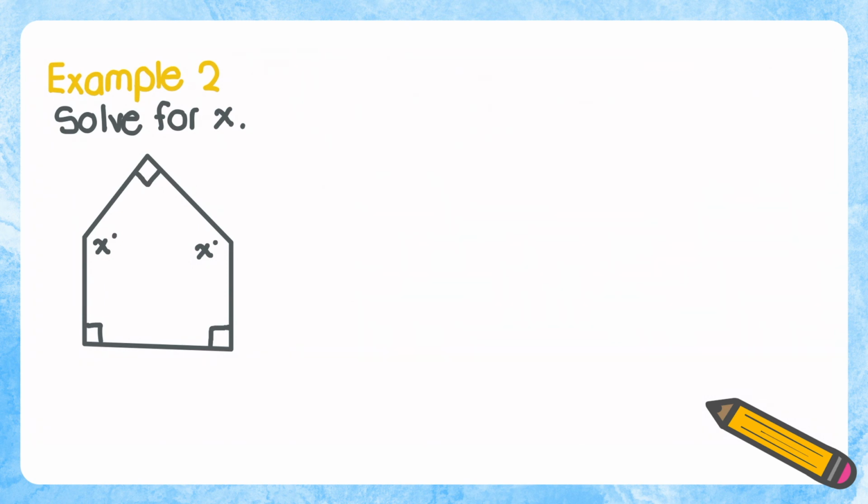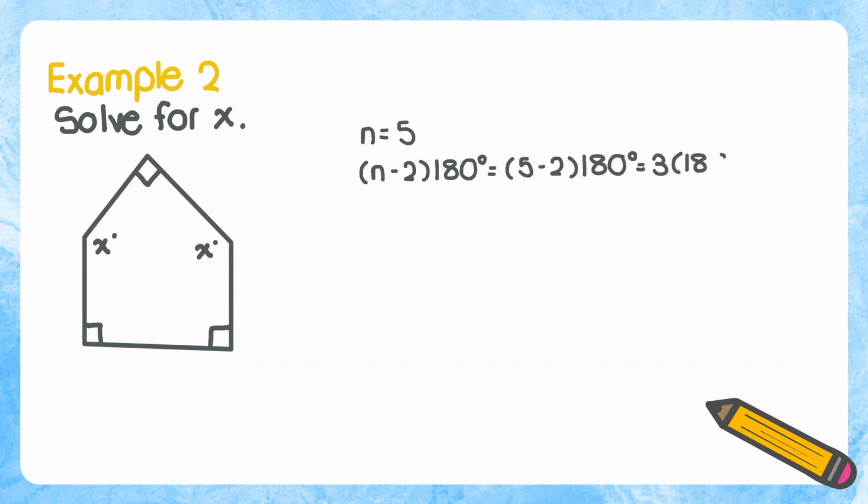We're going to solve for x in this given polygon. This polygon is a pentagon with 3 right angles and 2 unknown angle measures. So n equals 5 since there are 5 sides. So we're going to use the polygon angle sum theorem to find the sum of the interior angles of this polygon. And let me know if you have any questions about these steps right here.